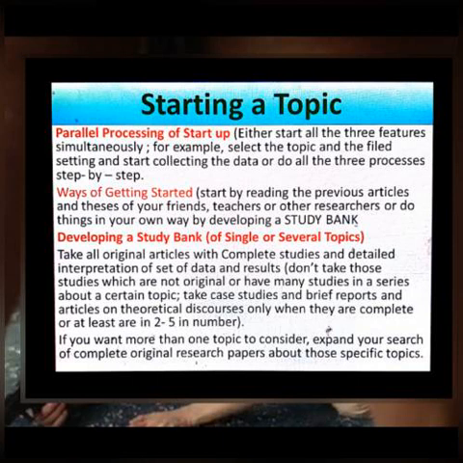So this is how you start to develop your study bank. If you want more than one topic to consider, then expand your search of complete original paper researches about those specific topics. So moving to the next slide.